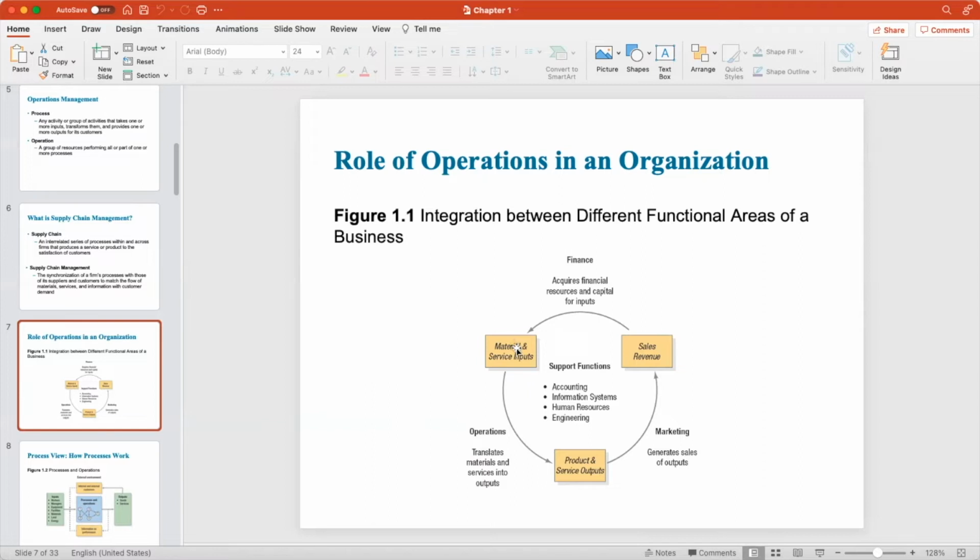After we have these inputs, whether raw materials or facilities, the operations department will start to use the most efficient process to transform those raw materials, using the facilities and equipment to produce the products and services to fit customer needs. That's why here we move to the bottom side, all right?